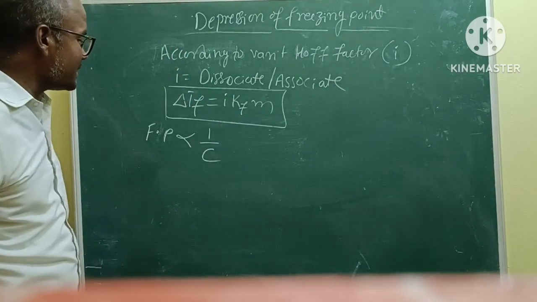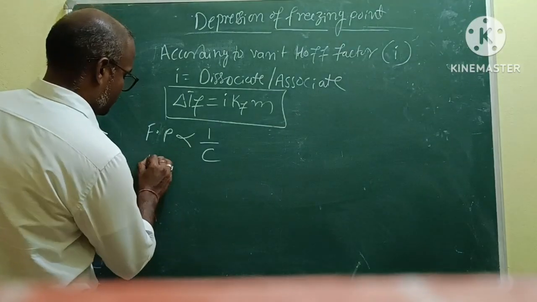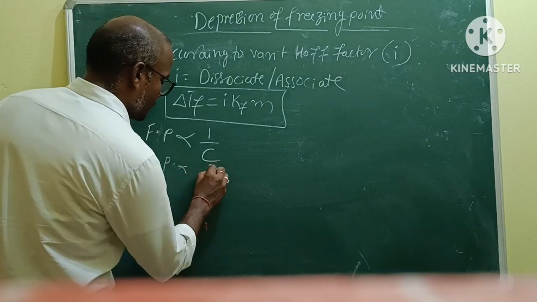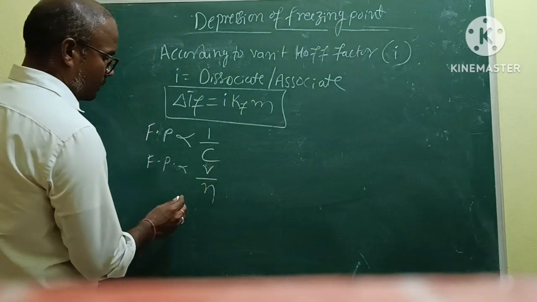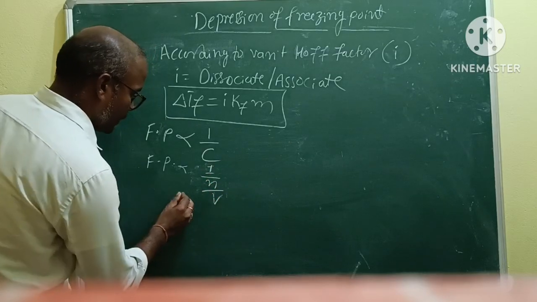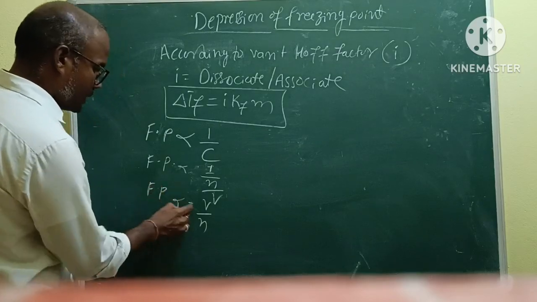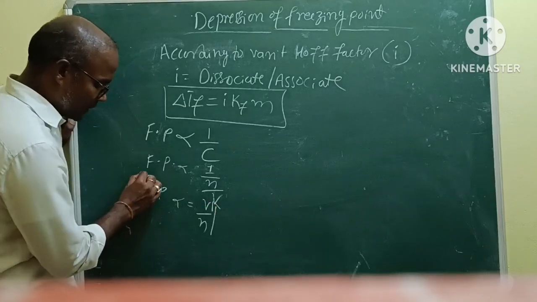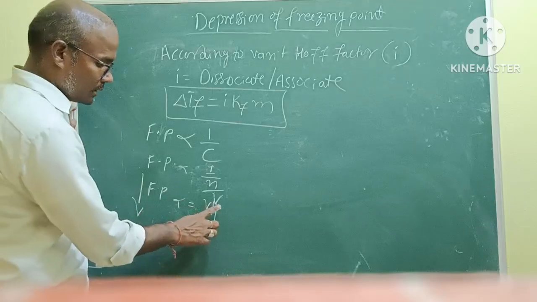Concentration means number of moles upon volume, so the freezing point is proportional to volume upon n, or inversely like 1 by C. It means that when the number of moles of particles increases, the freezing point decreases.